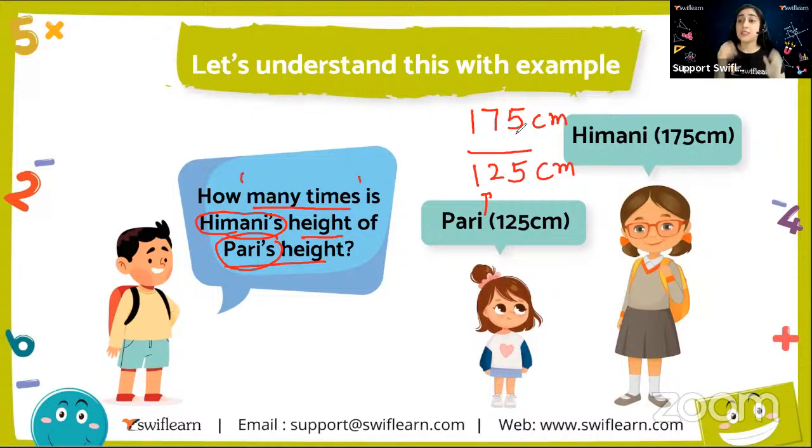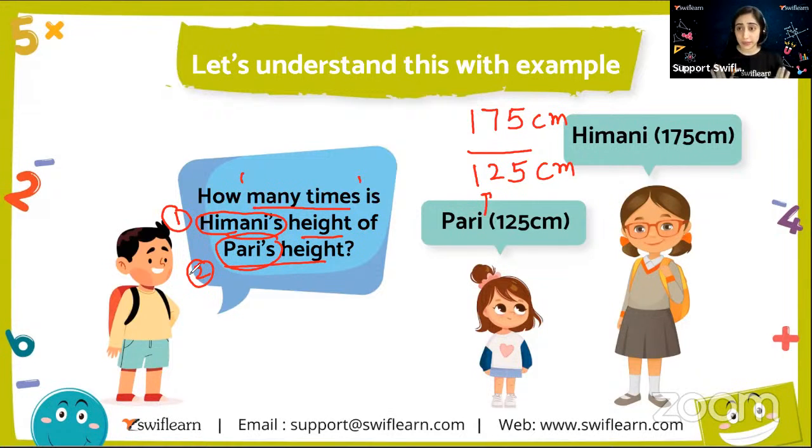How do we do that? The person whose height I want first will be written on the top, and the one to whom I am comparing, in this case Pari, will be written at the bottom. I hope I'm sounding clear. I'll repeat myself.